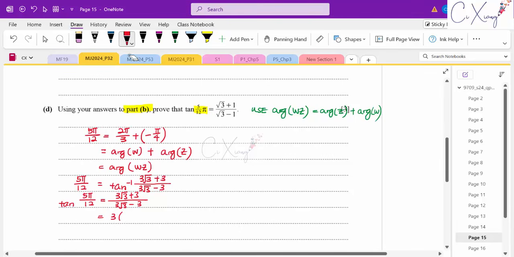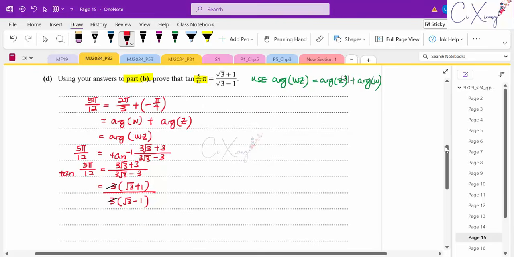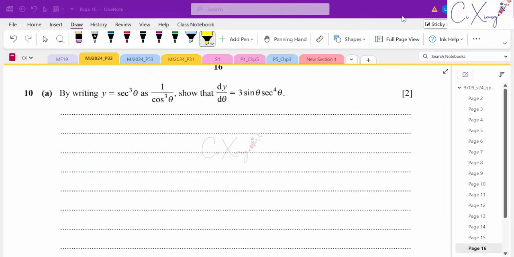If you take out the 3, then this is the correct answer that they want us to show. So you have to further simplify it first. Okay, this is basically how we solve this question.